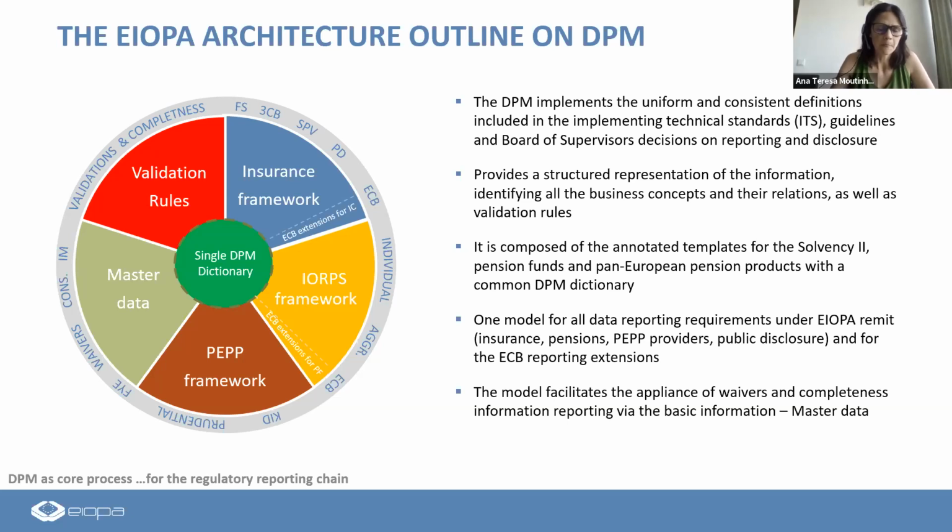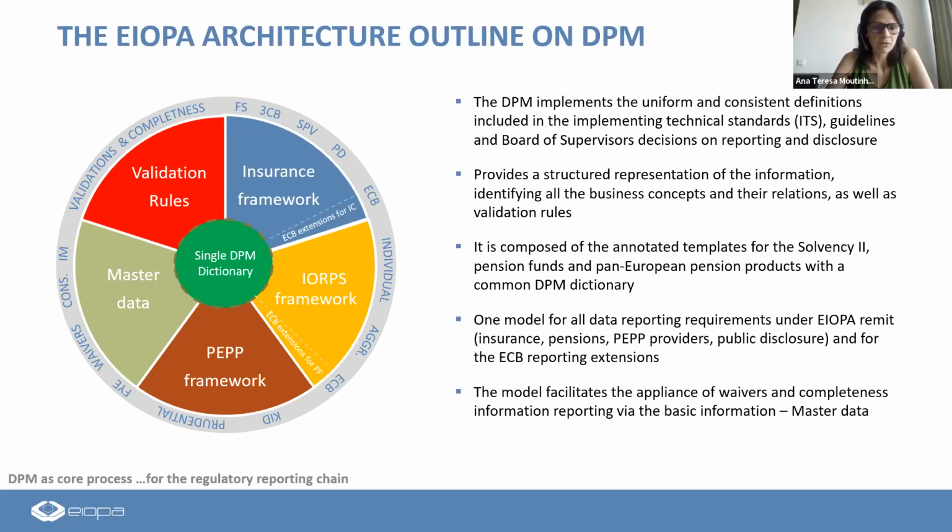Then at the end, when we had PEP, the prudential part was quite similar to the previous framework, so there was no issue there. But of course, we have the KID, the key information document, which is traditionally available publicly for the clients to understand their products, but it was also identified as important that under the PEP framework, EIOPA should receive this key information document for any PEP in a machine readable format.